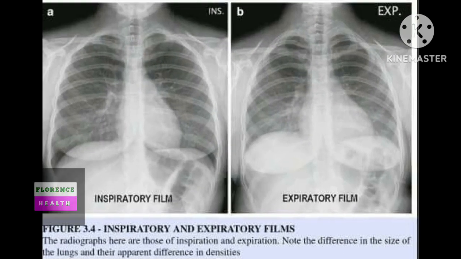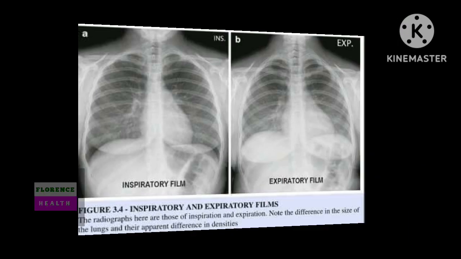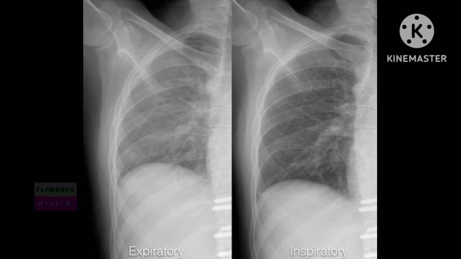Look at the expiratory and inspiratory film of the same person. On the expiratory film, it falsely recognizes cardiomegaly and different lung sizes with different lung densities. Imagine which is the inspiratory film and which is the expiratory film.